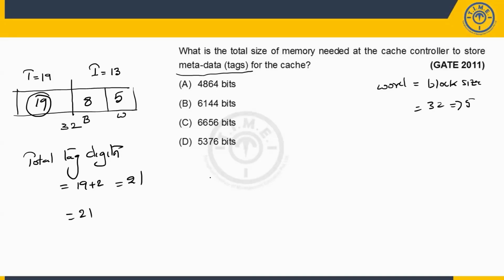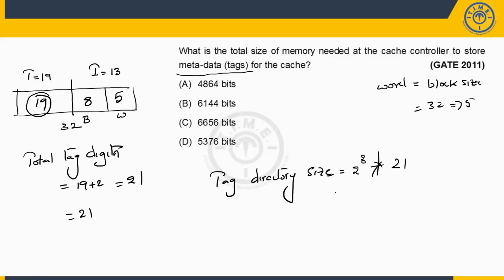Now, tag directory size is equal to number of blocks into tag size. What is the number of blocks? Number of blocks is 2 power 8, into 21.